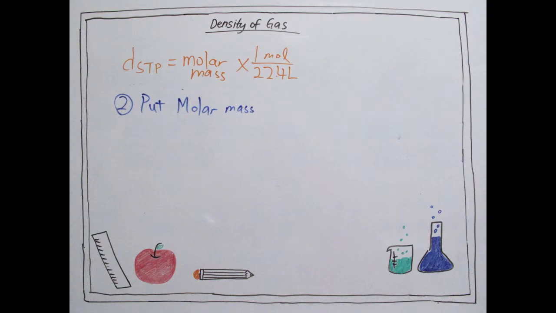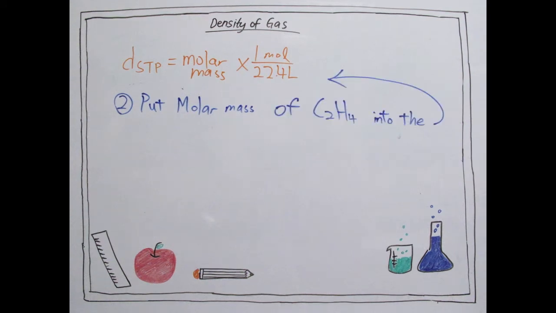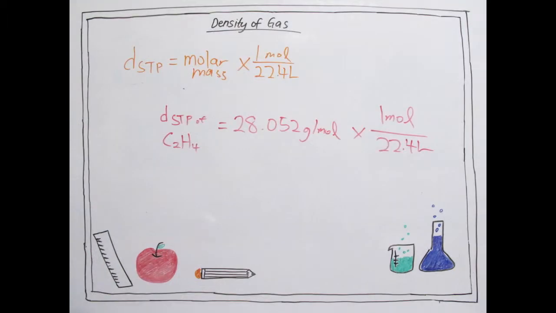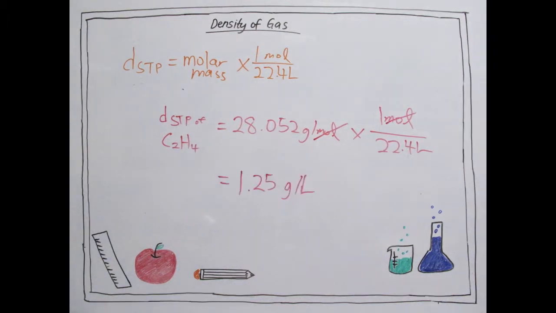Second, substitute the molar mass of C2H4 into the formula and you will get the density. So, 28.052 times 1 mole over 22.4 liters equals 1.25 grams per liter.